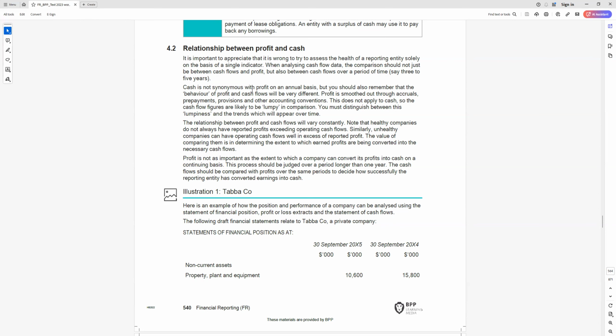For example, if we have a provision, a liability that we created 2 or 3 years before but are paying now, it's not relevant to this year. Likewise, if we pay income tax this year, this tax is not relevant to this year.